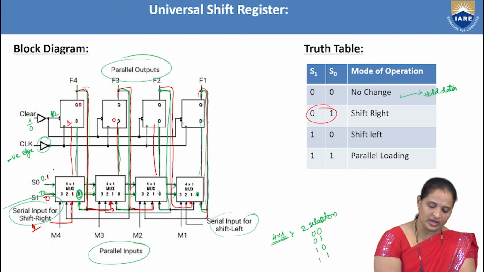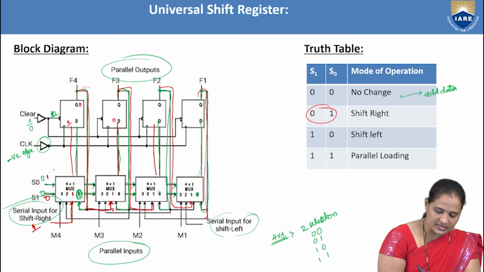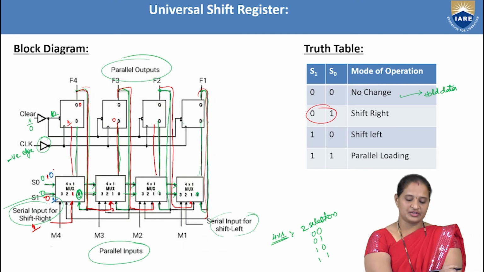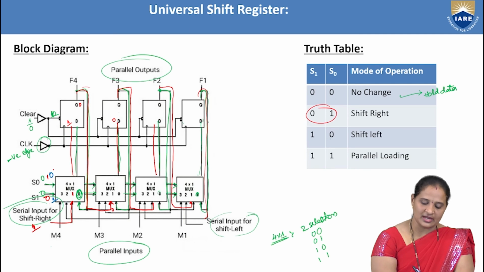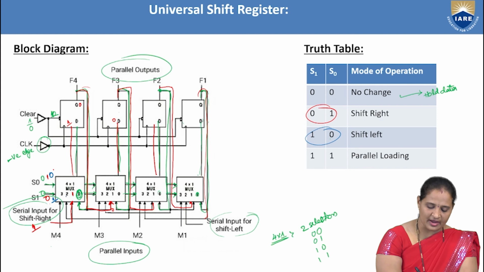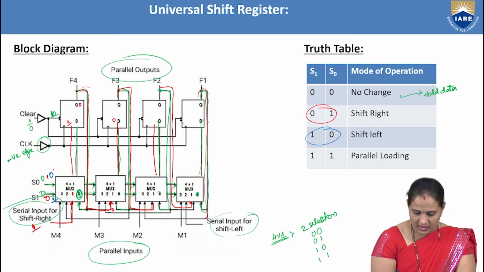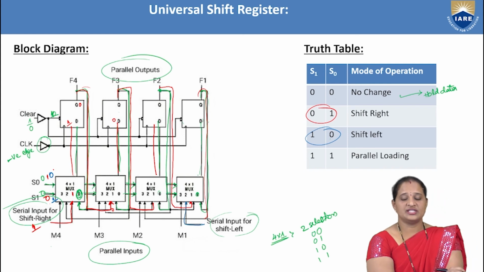Now let us see what happens. Let us take another color, blue. Now this is 0 and this is 1. Which one is selected here? 2 is selected. What is the binary decimal equivalent here? 2. 2 means this line is selected here. This 2 is connected to the serial input for shift left.